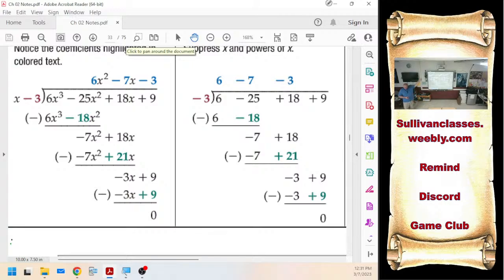Well, some famous dead math person comes along and says, what if I just got rid of all of that alphabet soup? Would it still work if I just kept them lined up? And it does. Since your pattern is always divide, multiply, subtract, drop, start over, they made it into an algorithm.